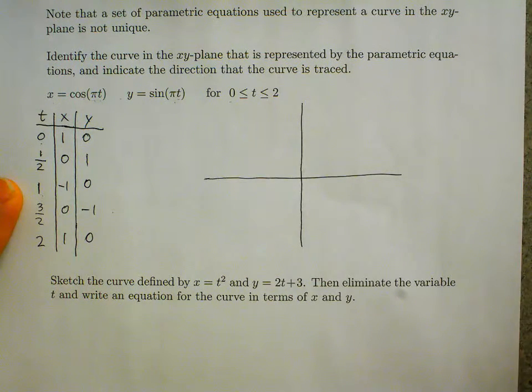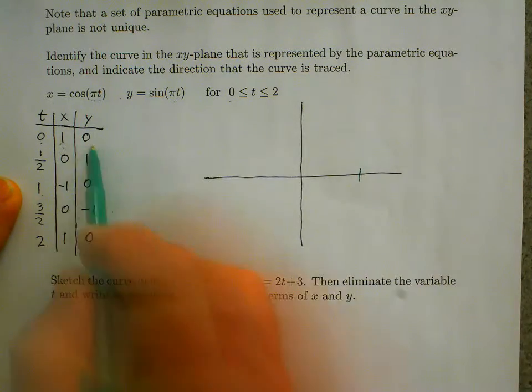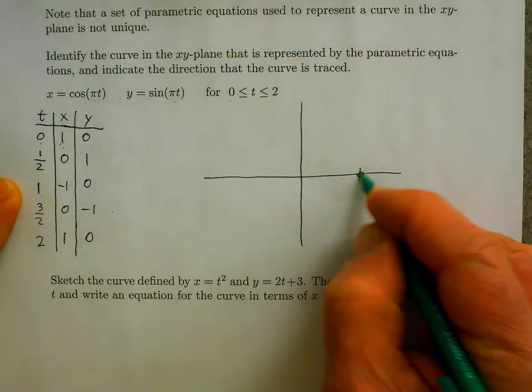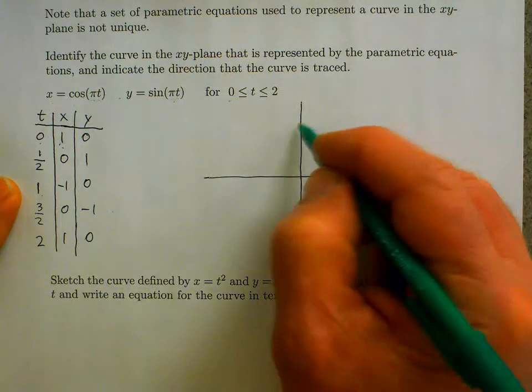So let's just plot these points. So 1, 0. This is our initial point. Then 0, 1.